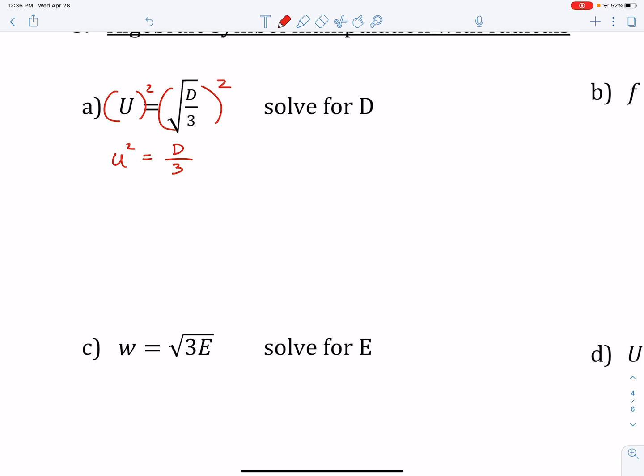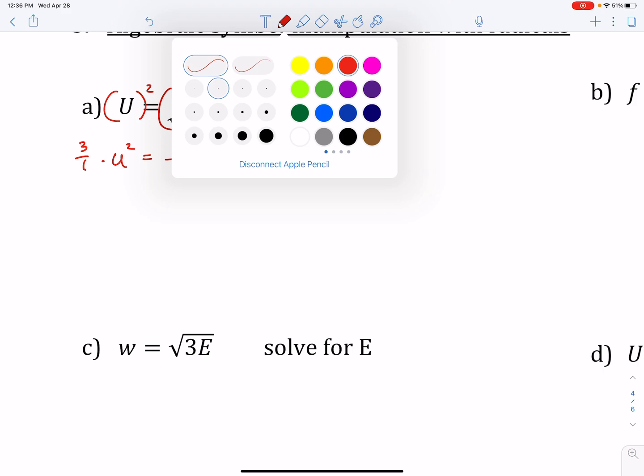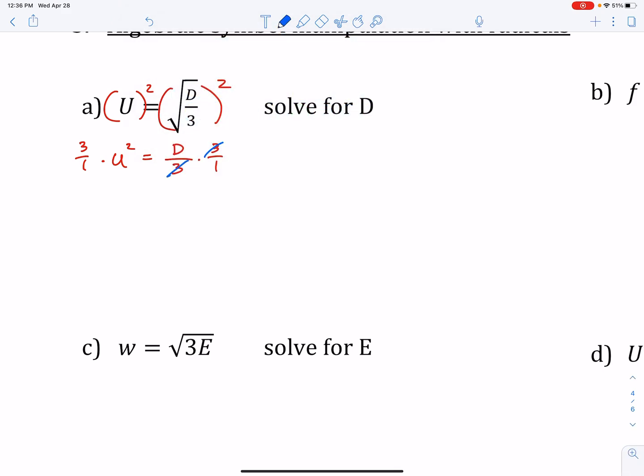And this is where you need to know your inverse of operations. If I have division taking place here, and I need to solve for the letter D, what's the opposite of division? It's multiplication. So whatever I do to one side, I have to do the other. The great thing about that is those 3's go, and what you're left with here, our answer is D equals 3u squared.